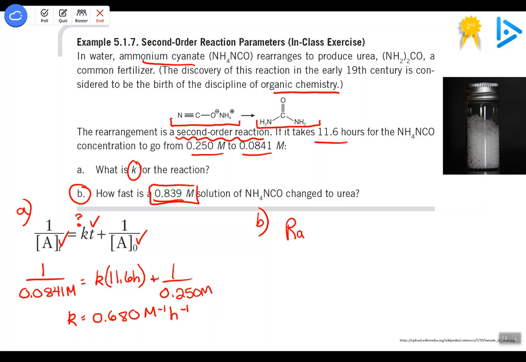So I'm going to say, well, the rate is equal to the specific rate constant times the concentration of my reactant squared because it's a second order reaction. I want to know how fast is it going. I've solved for the specific rate constant K, and I know the starting concentration of my inorganic compound that's going to give me something organic.